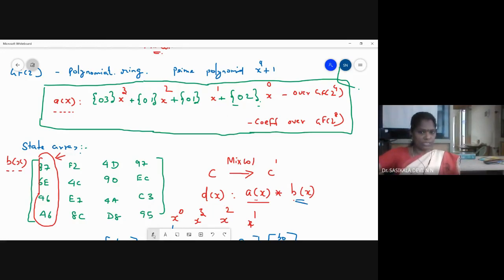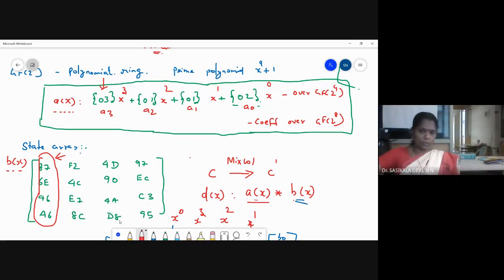So this term is A0, the coefficient of x power 0, this is A1, this is A2 and this is A3. Now fill all these A coefficient values using these terms. A0 is 02, A1 is 01, A2 is 01, A3 is 03.